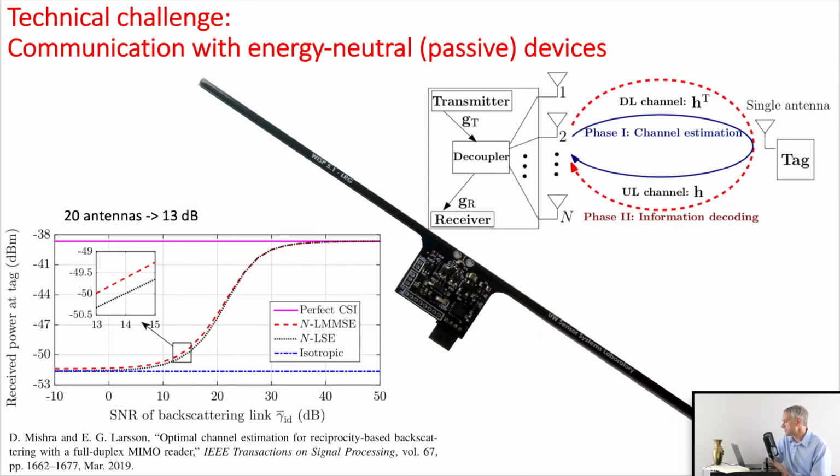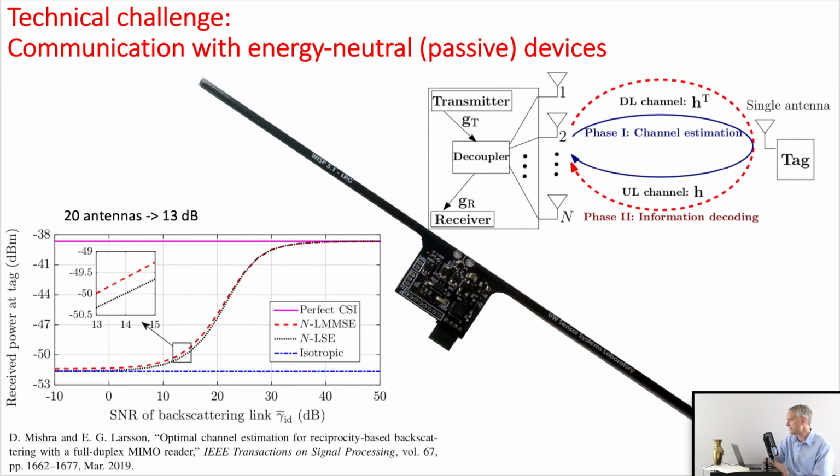And a third technical challenge that I'd like to mention also is to communicate with energy neutral or passive devices. So a passive device could range from a device that only does backscattering of the incoming RF to a device that might have a small capacitor or a tiny battery that can be charged through some form of energy harvesting.